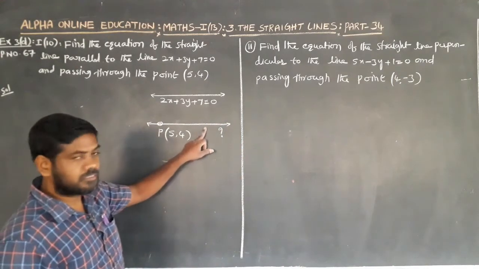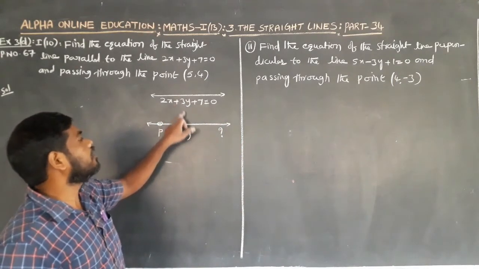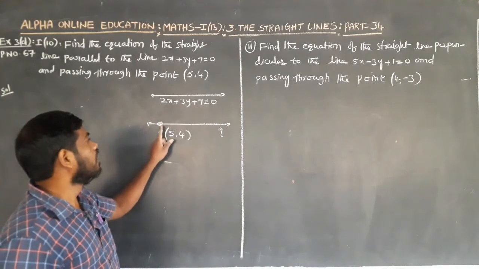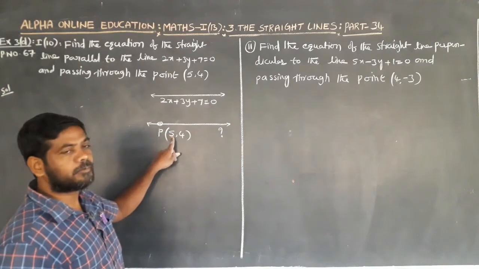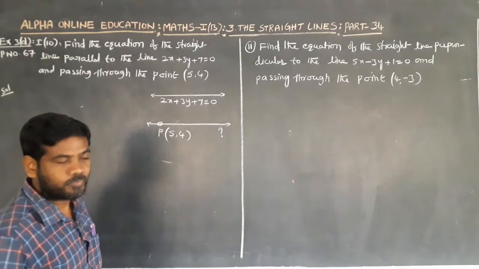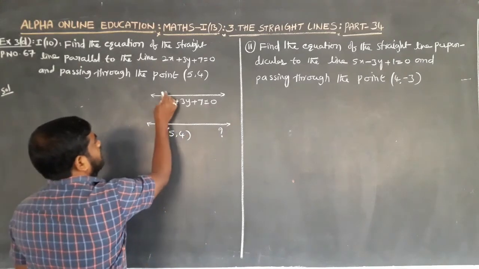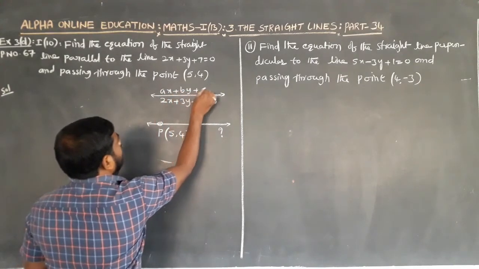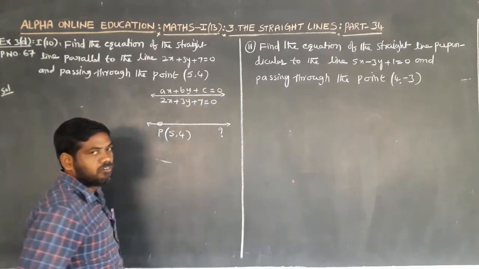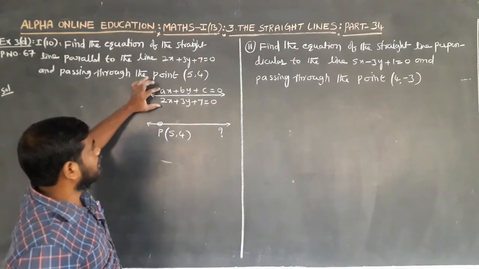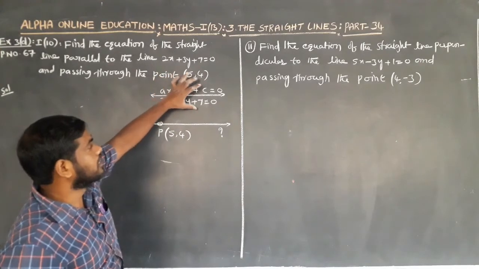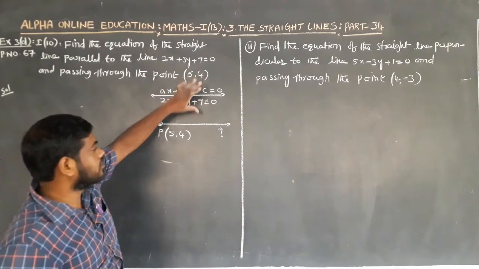Here the given equation of the straight line is ax plus by plus c is equal to 0. Here a is equal to 2, b is equal to 3, c is equal to 7.